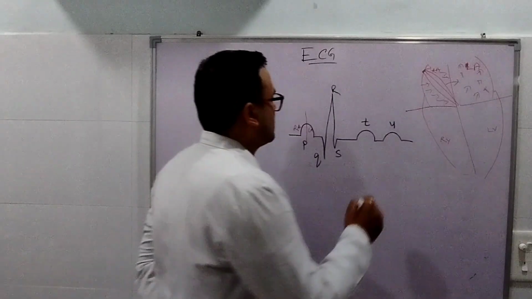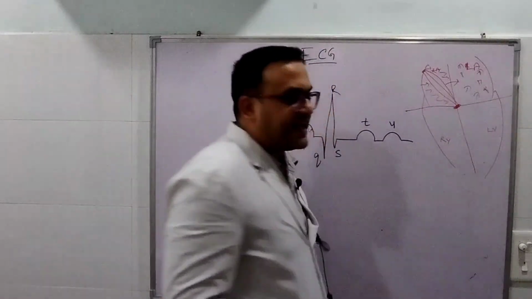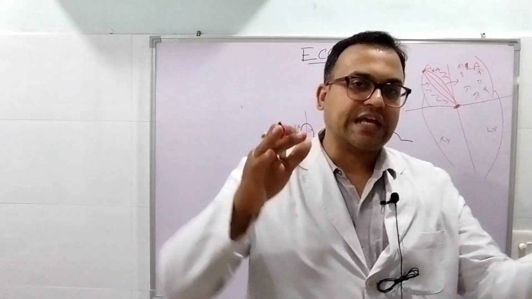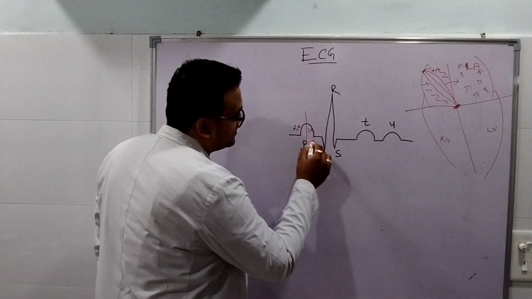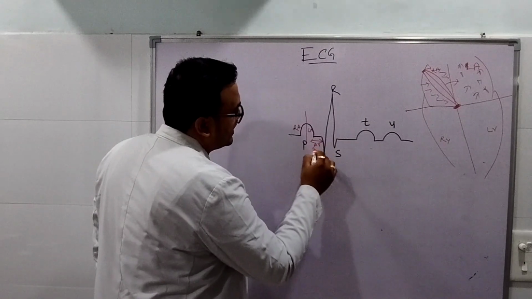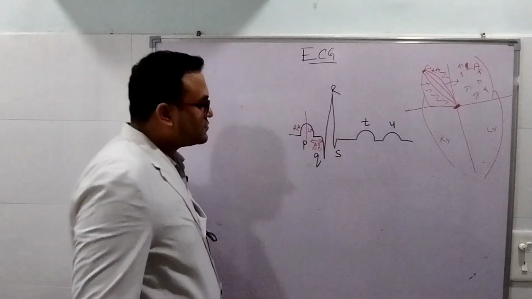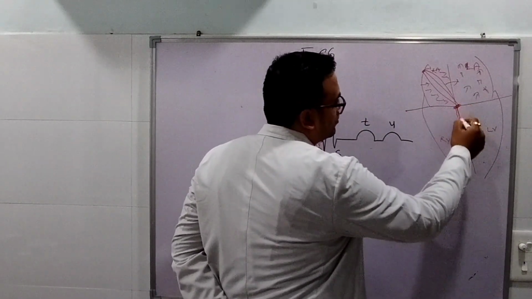Now there is an AV node, and we all know there is an AV nodal delay, which makes this segment. This is the AV nodal delay. Okay, then from here through the bundle of His.